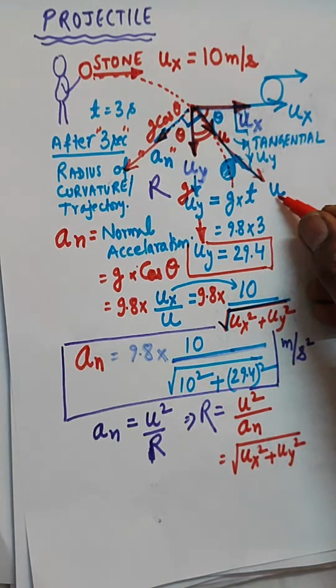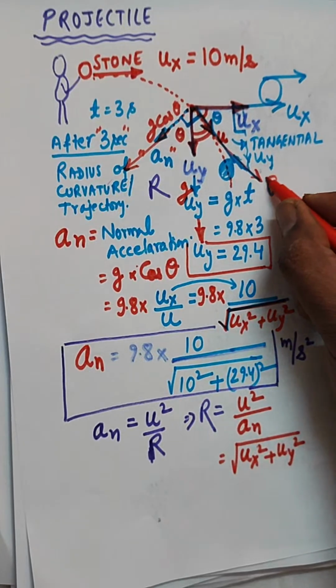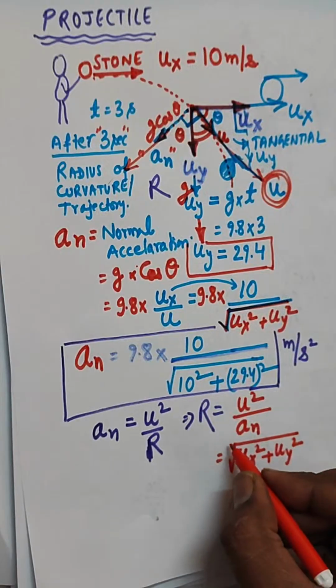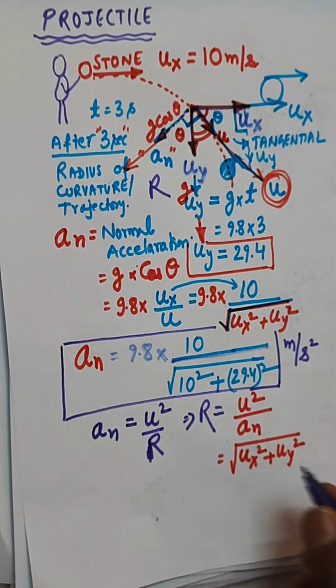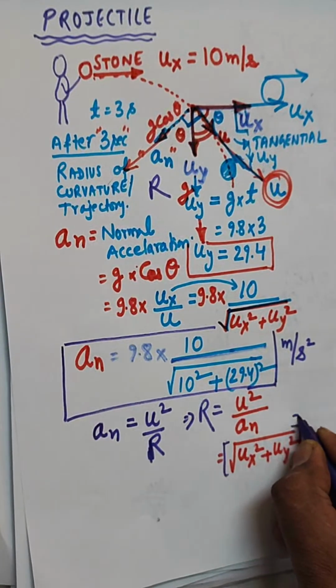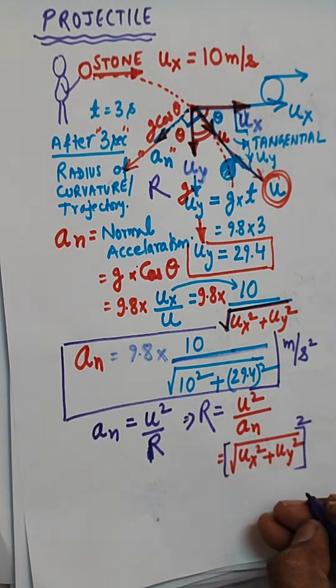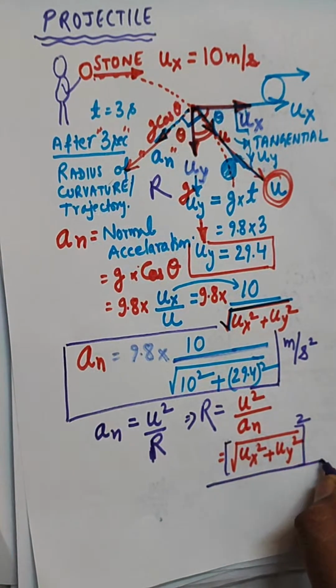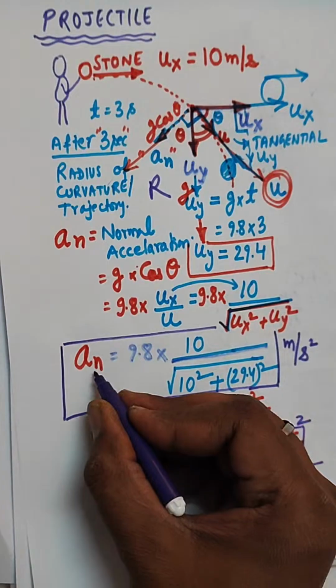This hypotenuse is the resultant u, right? So this will be like this, and whole square, that means it will eliminate the root, and whole divided by the normal component of this acceleration.